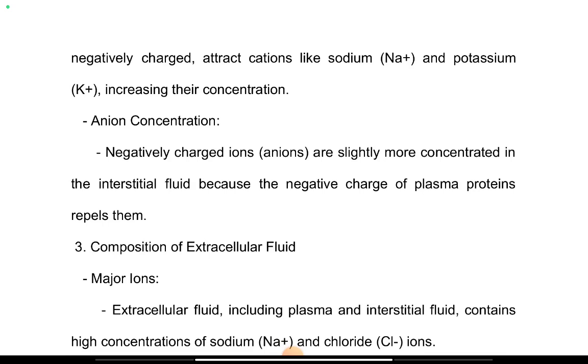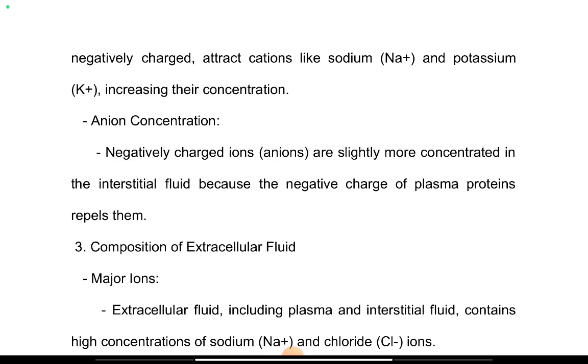Sodium chloride constitutes about 80% of the ionic concentration in the plasma. Sodium and chloride are the major ions of the intravascular fluid, which is the plasma.